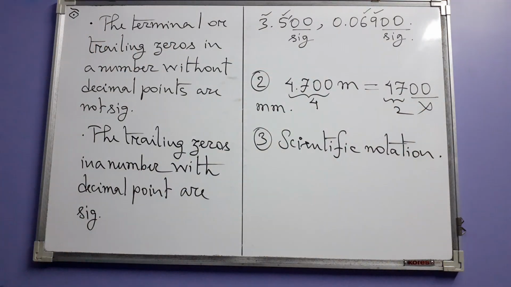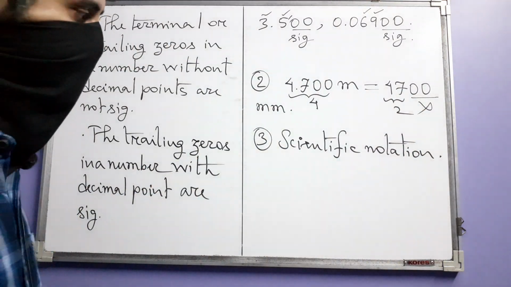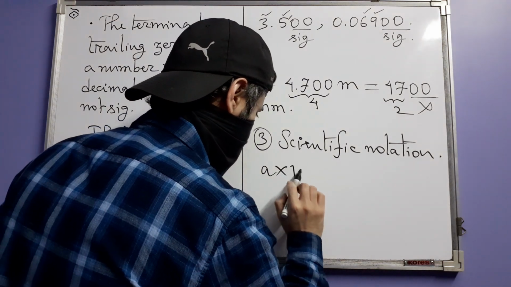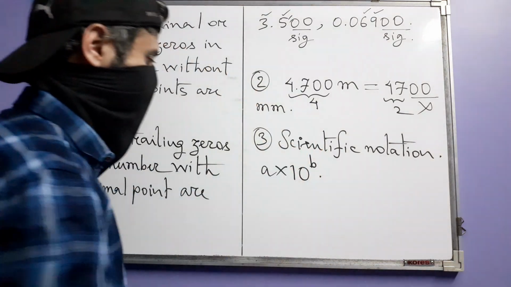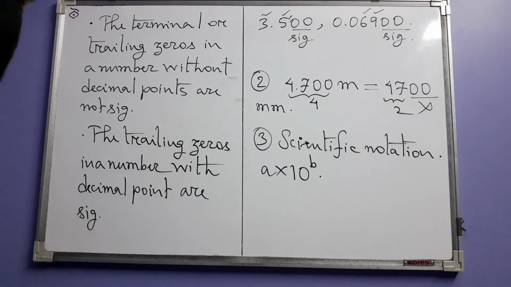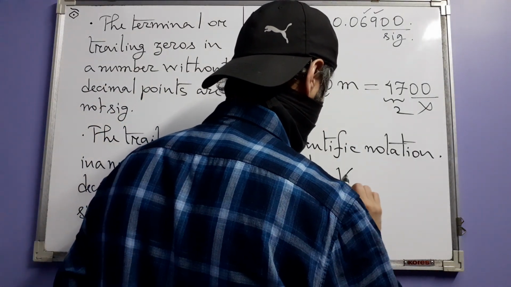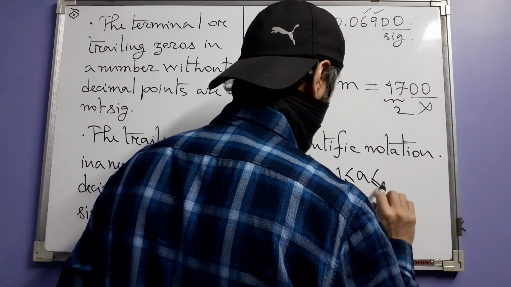In the scientific notation, what we do, we express the number in this form: a times 10 to the power b, where a is a number between 1 and 10.